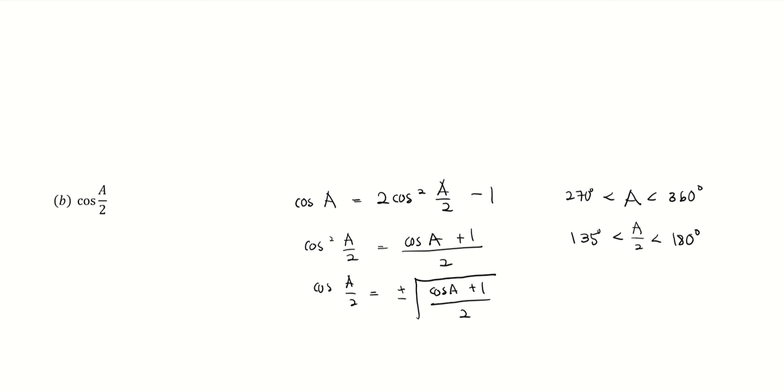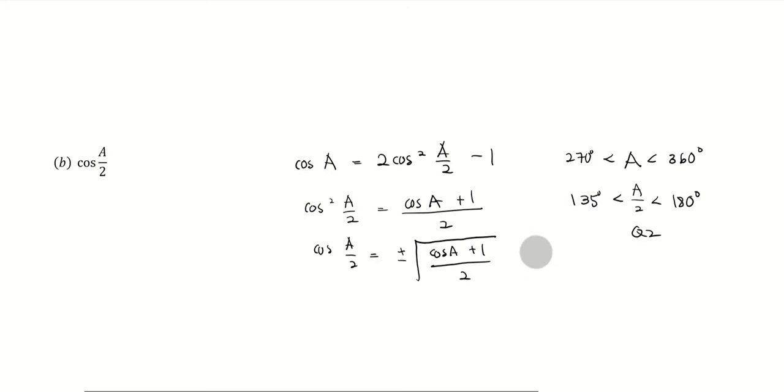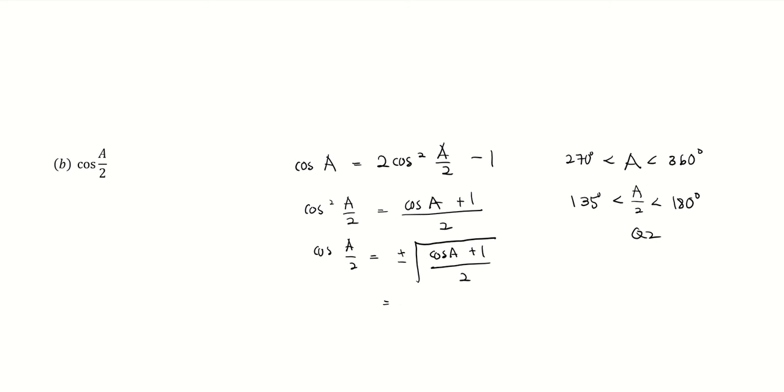So where is this? This is in the second quadrant. So A over 2 is in the second quadrant. So cos in the second quadrant must be negative. So it is negative square root of cos A plus 1 over 2.